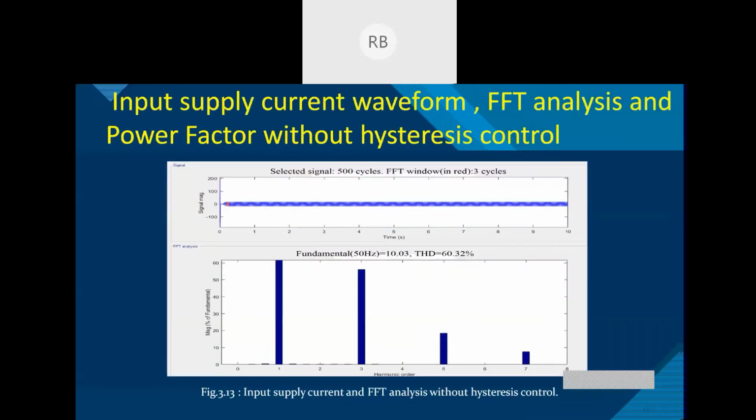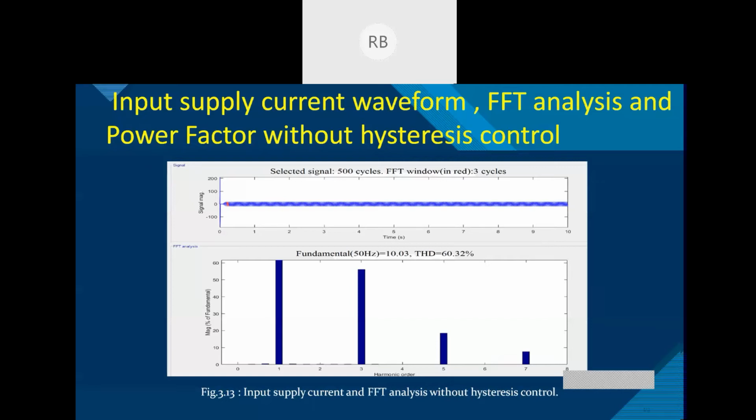Here, the FFT analysis is done in order to see the harmonic distortion of the input current. As we can see, the total harmonic distortion is 16.32%, which is much higher than the standard set by the Indian government.